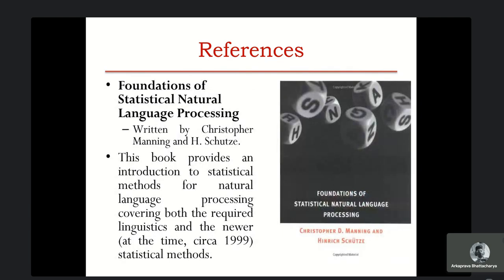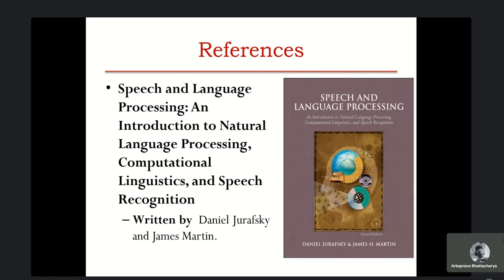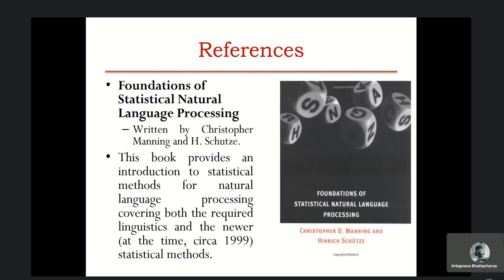Apart from this, there are other books. This book is freely available online, so you can find the PDF by typing the book name in a Google search. Next, you have Foundations of Statistical Natural Language Processing. Even this book is very good.